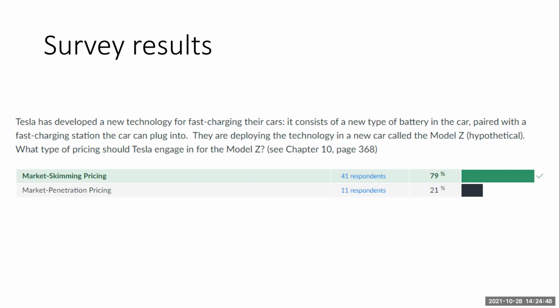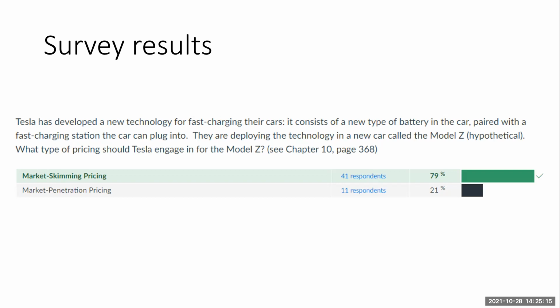I just wanted to say, since it's a new technology, market skimming pricing will allow Tesla to set a higher initial price, attracting buyers that have a strong preference for the product. By doing so, they could receive a maximum profit and then gradually reduce it to attract the further tier consumers with a lower willingness to pay. I also wanted to add that since it's a new technology, there are likely no competitors right now.